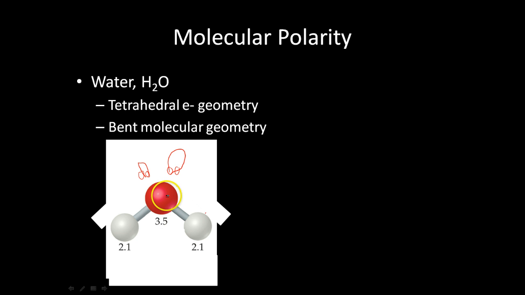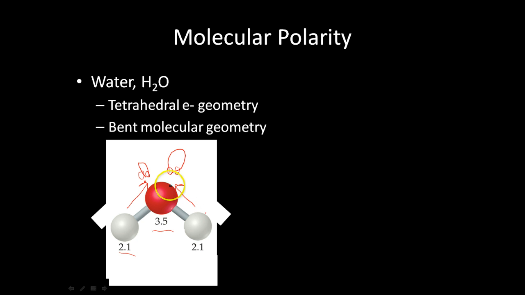If you consider the electronegativities for oxygen and hydrogen, you see that these are obviously polar bonds, with the electrons moving up towards the oxygen this way and up towards the oxygen this way.